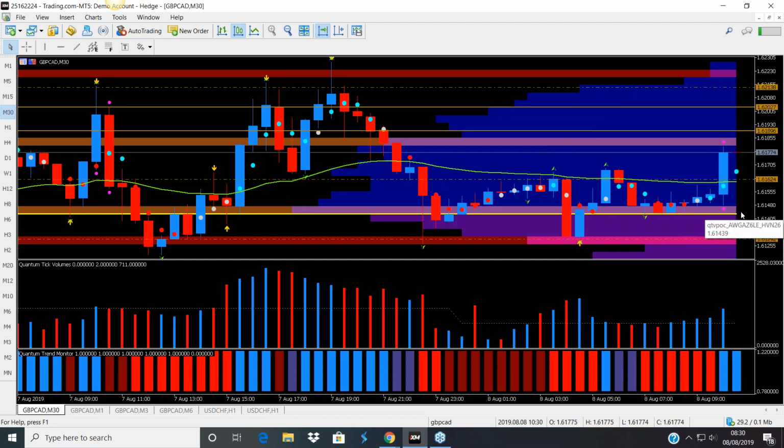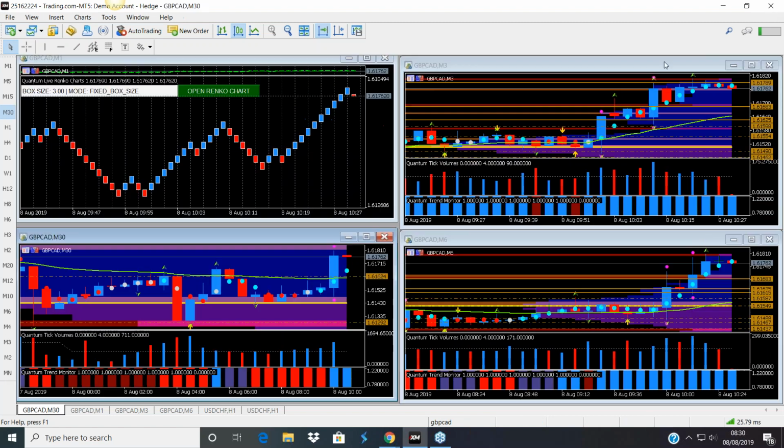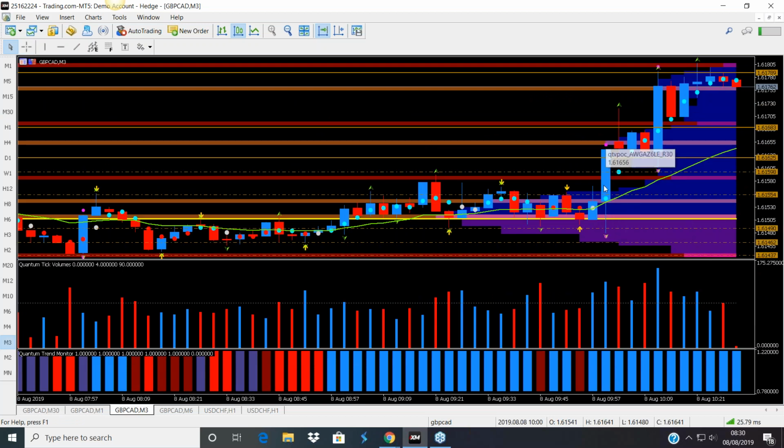But on the 30-minute chart, that may have been enough to take the move that we have seen on the faster charts. In fact, that was also accompanied with volatility. Yes, we had some weakness coming in here, then a bit of sideways, then another volatility candle triggered on this one.